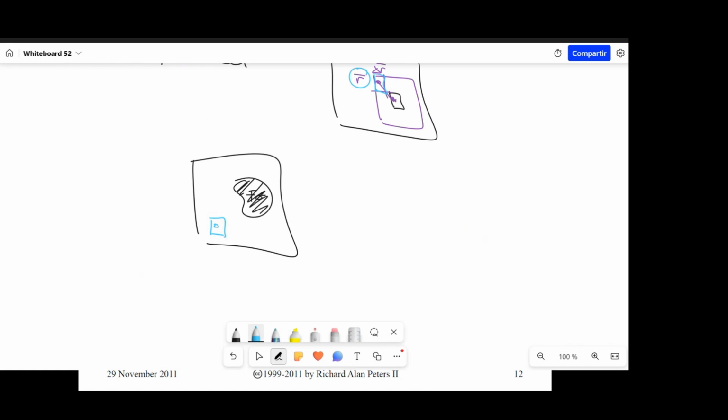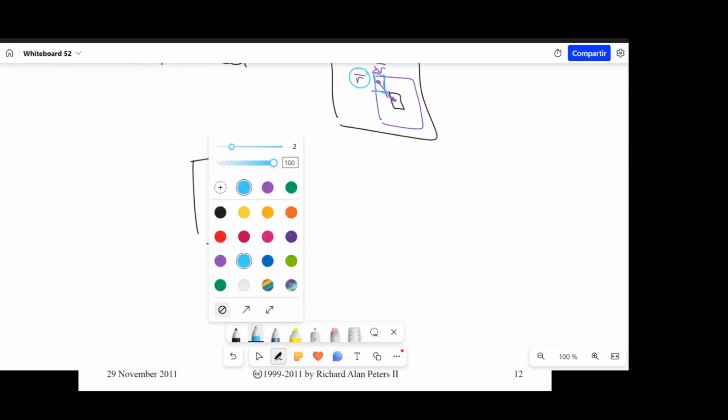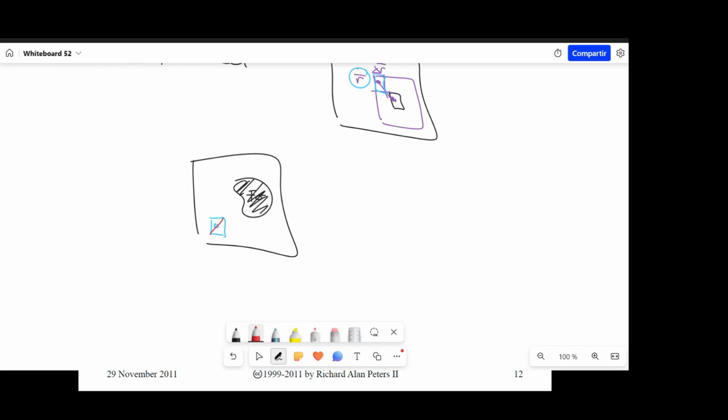Now, the kernel intersected with the foreground: is it the empty set? It is, so this doesn't belong to the dilation. What about this one? The kernel intersected with the foreground is not empty, so this one belongs to the dilation.